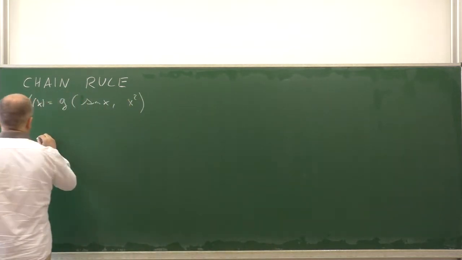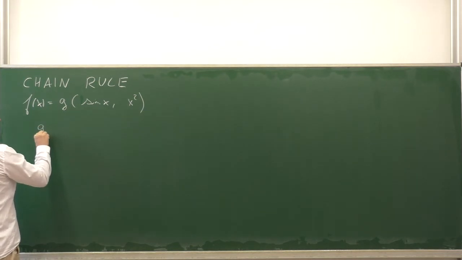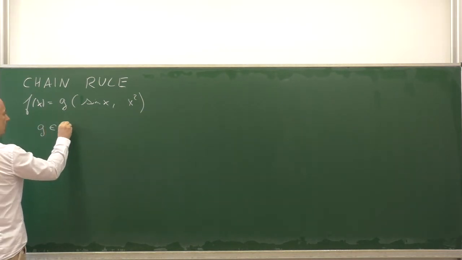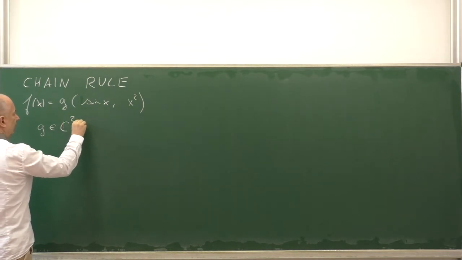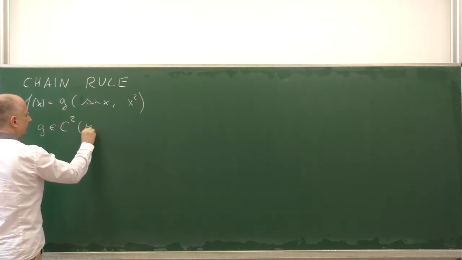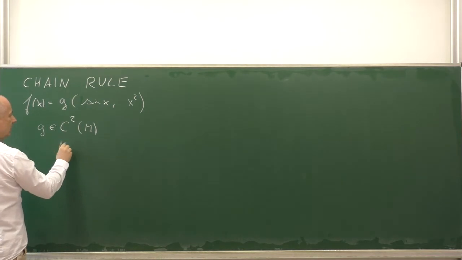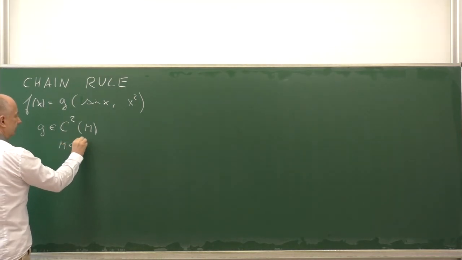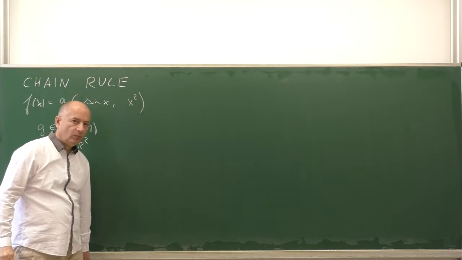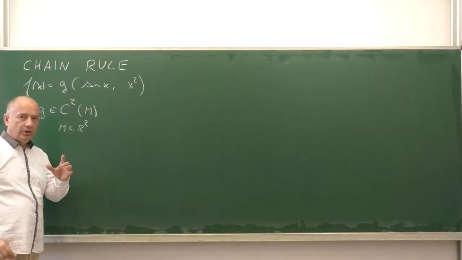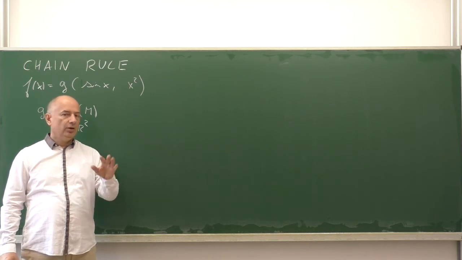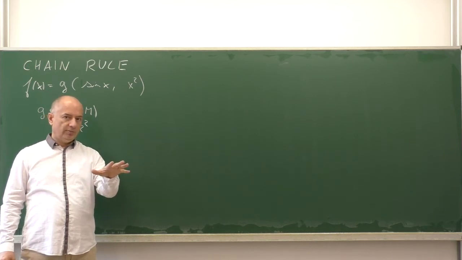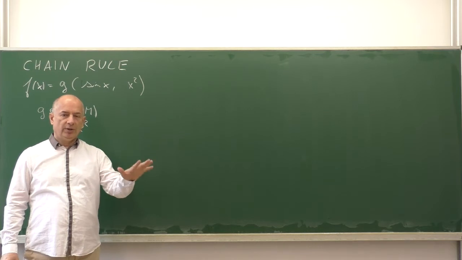G having the first and the second derivatives can be written g is an element of C2 in some set M, where M is some subset of R2. C comes from continuous, that means C is a set of continuous functions, not to be confused with the set of complex numbers. We don't mean complex numbers.